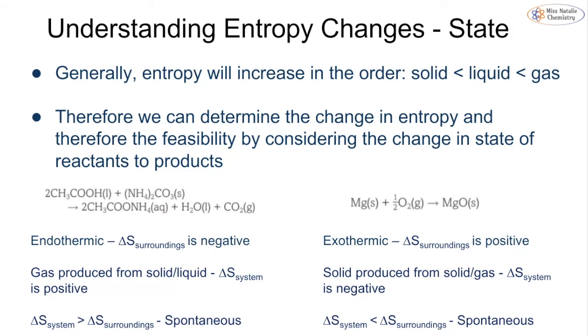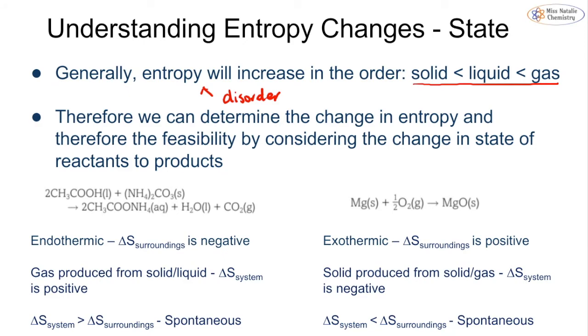So, for example, if we look at a change of state, we know that because entropy is linked into disorder or a randomness of the particles and the energy being distributed, we can see an increase in entropy as we go from a solid to a liquid to a gas. I.e., if we make a gas, we are getting an increase in our entropy. So we can then determine and confirm the feasibility by looking at the change in state.